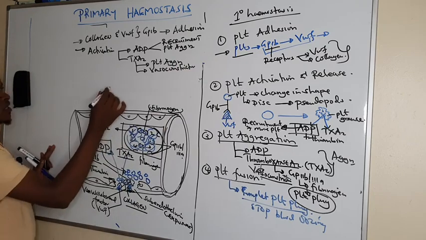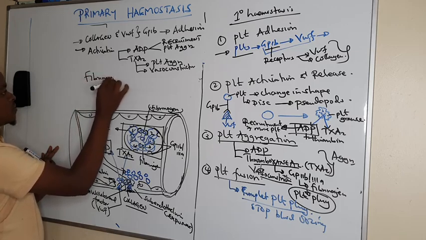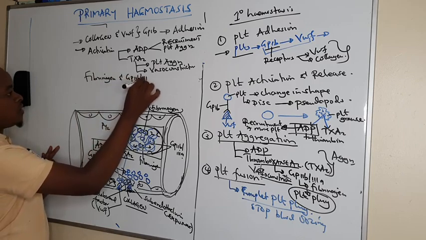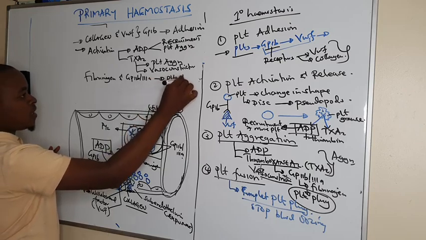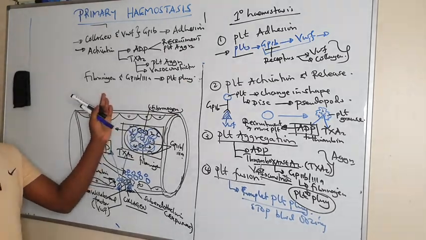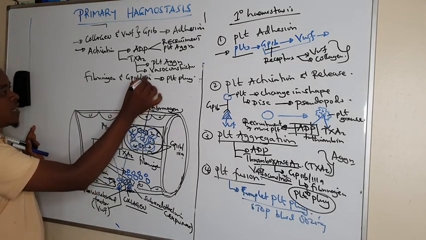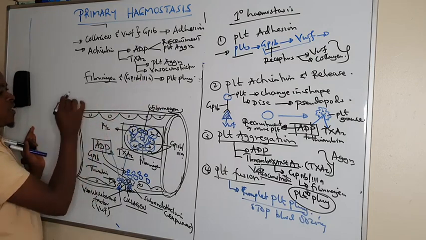Then we have also seen fibrinogen together with the glycoprotein 2b/3a that enables formation of a platelet plug after interacting together. So the platelet plug is formed whereby the glycoprotein 2b/3a binds the fibrinogen in between.